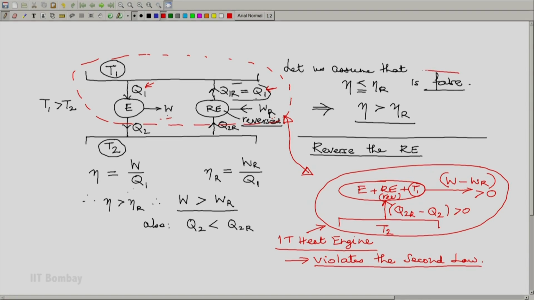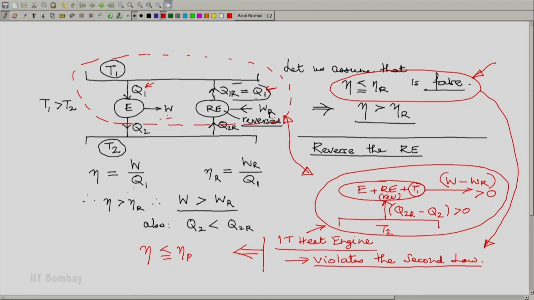And what did we do? We assumed that the Carnot theorem statement eta less than or equal to eta r is false. The consequence of assuming this false is that we have violated the second law of thermodynamics, and that means this particular assumption is untrue. We can't assume the statement to be false, and this implies that eta must be less than or equal to eta r, and that proves the Carnot theorem.